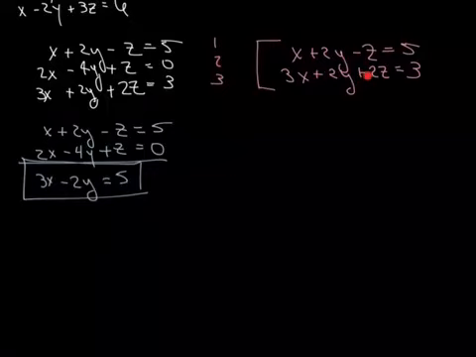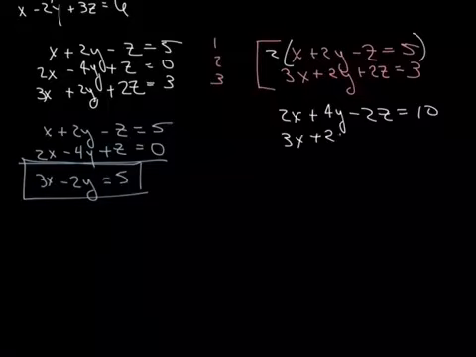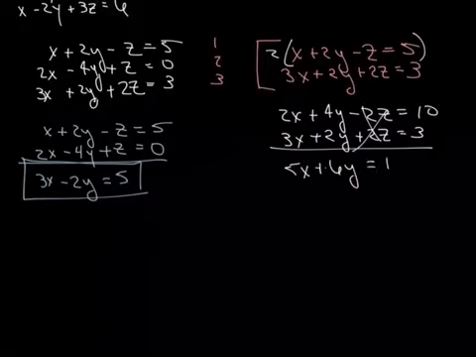Alright, so what do I do? I've got a 2z here and a negative z, so if I multiply the top by 2, my equation then becomes this, and my other one remains the same. Then I add, those go away, and I get 5x plus 6y equals 13.